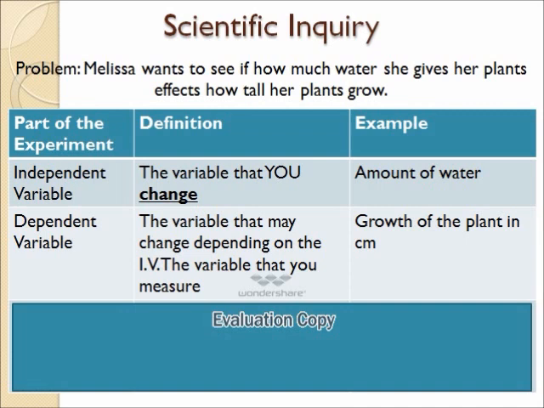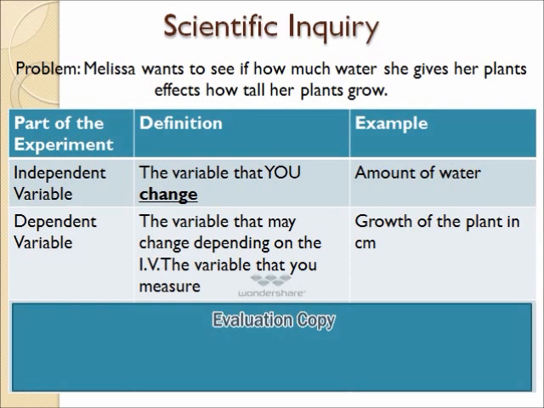Okay, so the dependent variable in this experiment, the growth of the plant, is dependent on how much water you give it. If you give the plant more water, then it may grow more. If you give it less water, it may not grow as much. If you give it an amount in between, it may grow the best. We don't know yet.